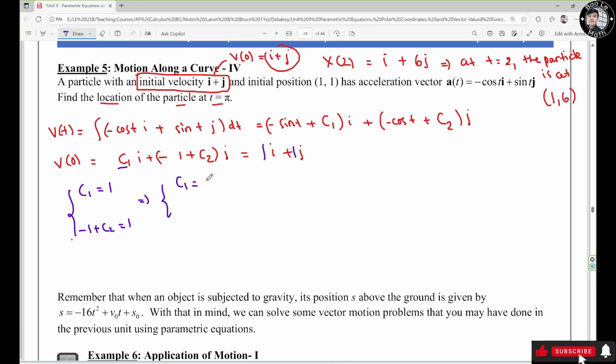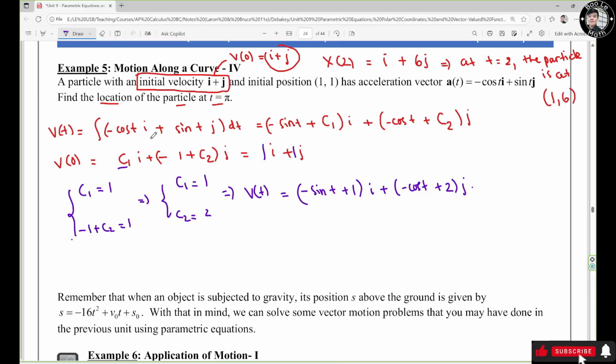So C1 equals 1 and C2 equals 2, right? So my v of t equals negative sine t plus 1 i plus negative cosine t plus 2 j, right?